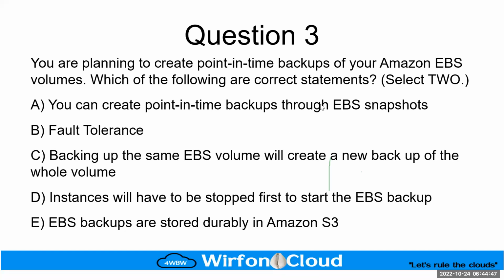Let me give time to think a little bit. So most people are thinking you can create point-in-time backups through EBS snapshots. Then I see instances will have to be stopped first to start the EBS backup, and EBS backups are stored durably in Amazon S3.